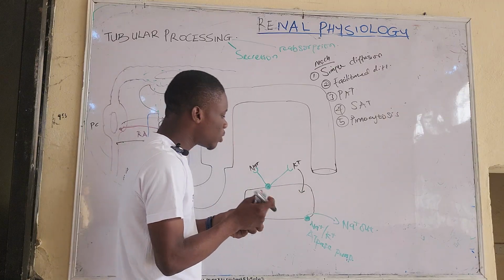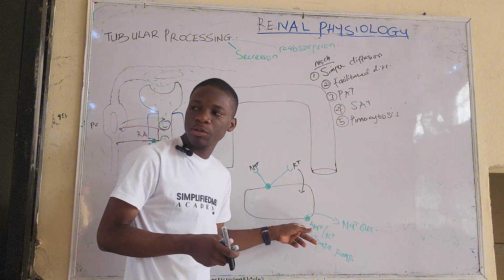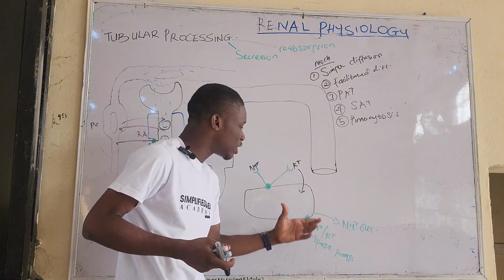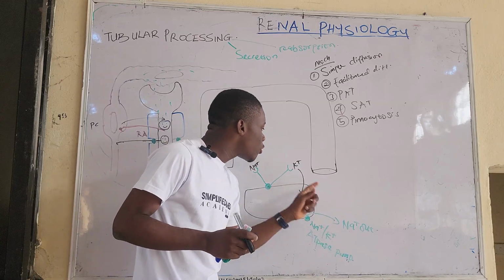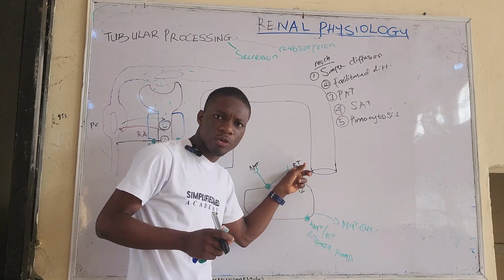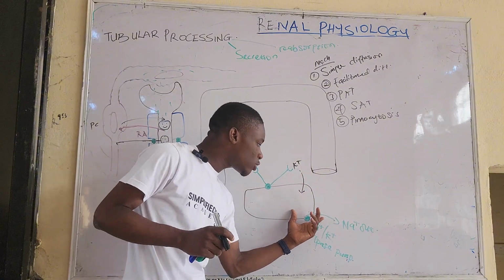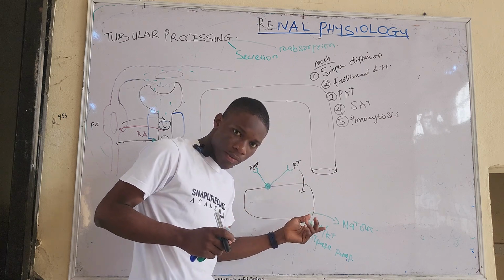The basis at which this potassium is coming in is because of this sodium potassium ATPase pump. It is the one generating the energy for this potassium to come inside. This is just a rough diagram. Are you following me? This one is the energy source.